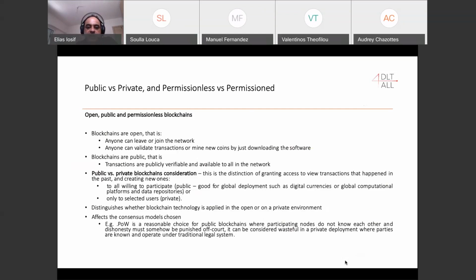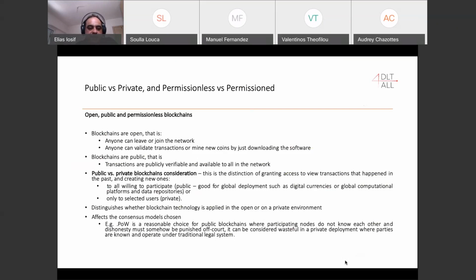Anyone can validate the transactions, or, if the network supports the creation of coins, anyone can create new coins. The only technical requirement is to download and run the software. I think the most typical example is Bitcoin.